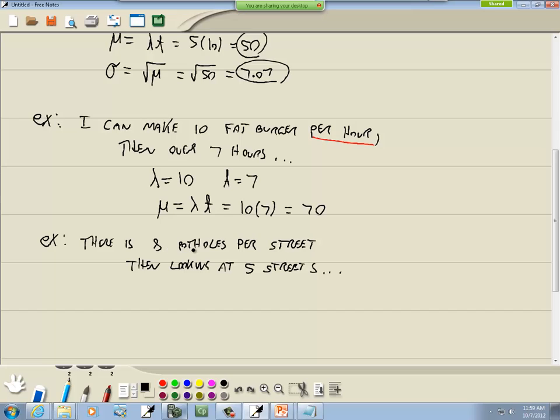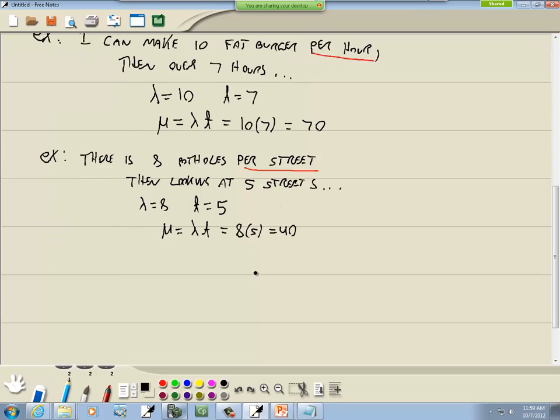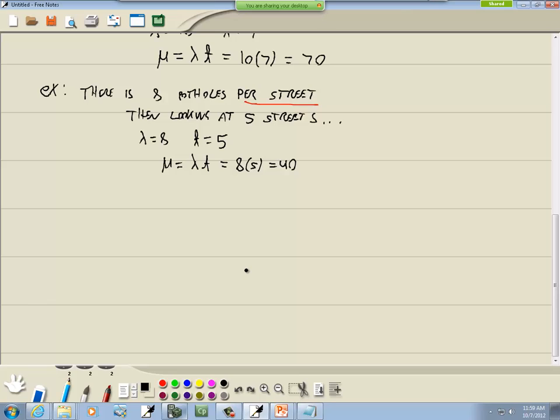Well, we can have 8 potholes per street. So lambda is equal to 8. And that's per street. Then T will be the number of intervals. We're looking at 5 streets, so T is 5. So our mu here would be lambda times T, which is 8 times 5, or 40. Okay, now if they were all this simple, then it'd be fantastic. Wouldn't be too bad.